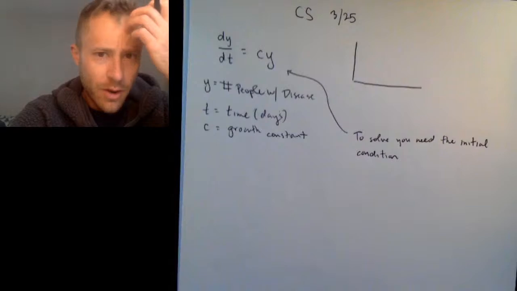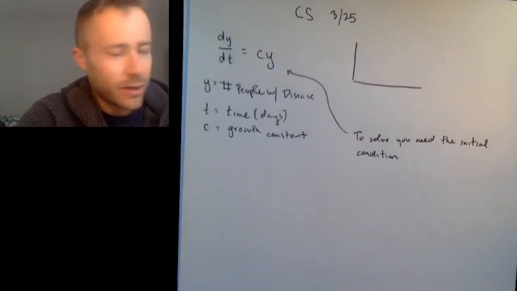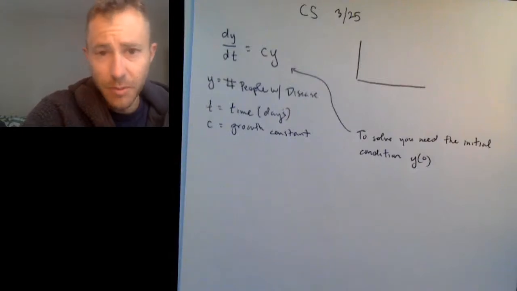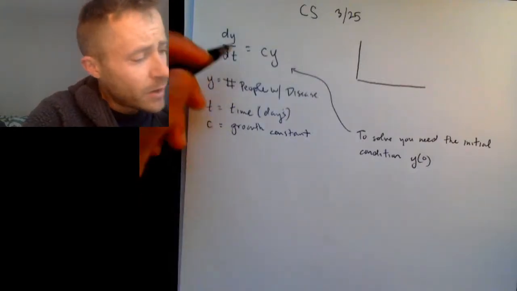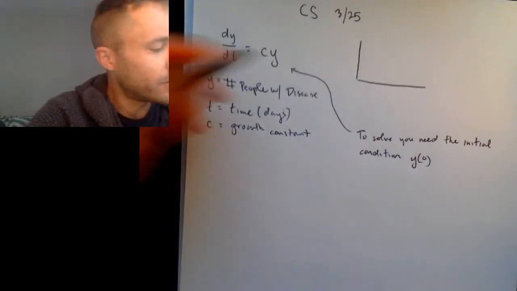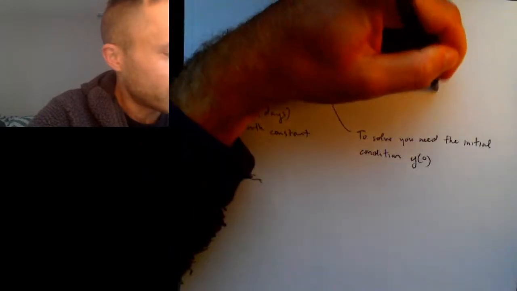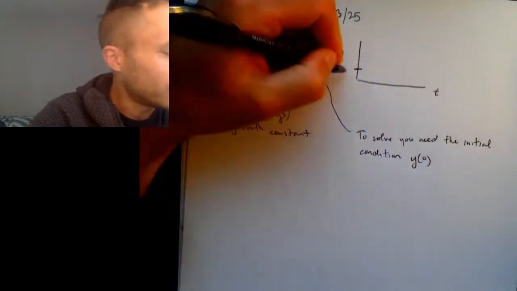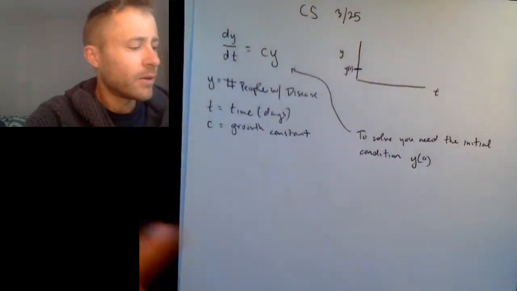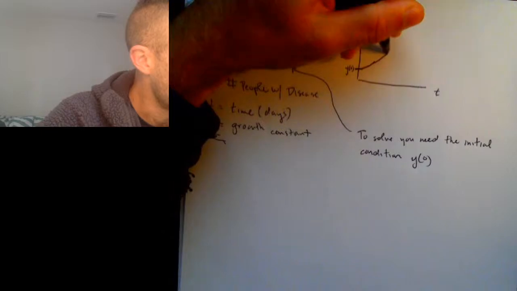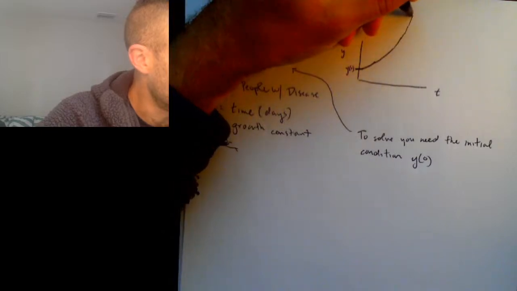So how many people start? Basically, what is the number of people with the disease at time 0? This equation is the equation for exponential growth. If we graph y as a function of time, it starts out at the value y0, and as time goes on, it grows exponentially.